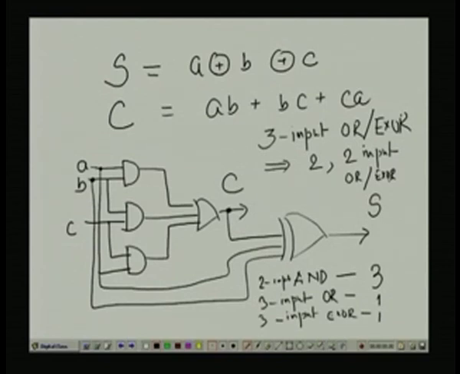So, mainly the parameters that we have to consider, one is the area.